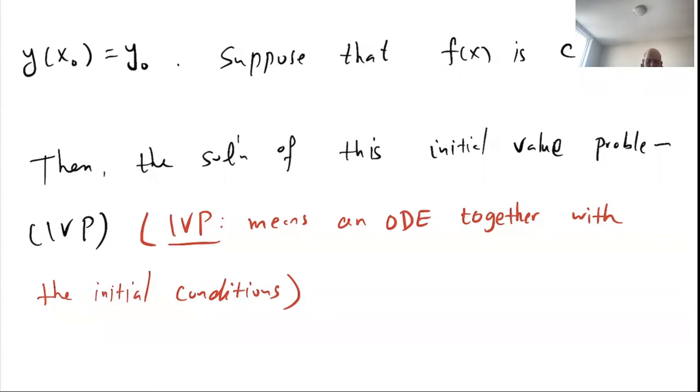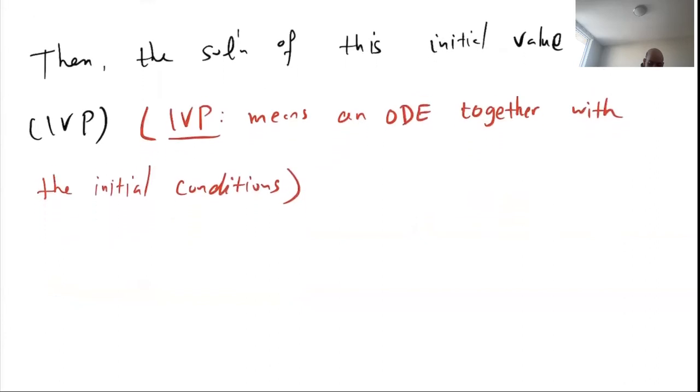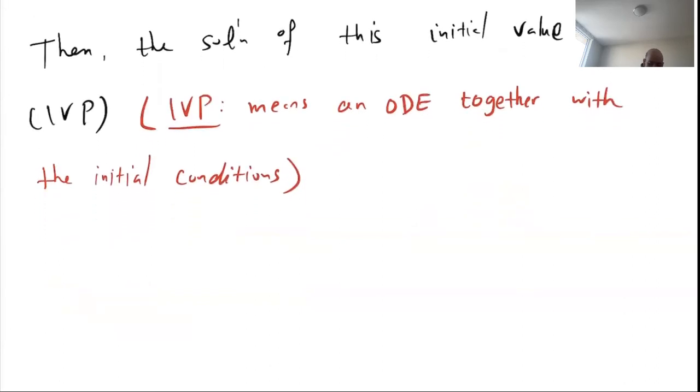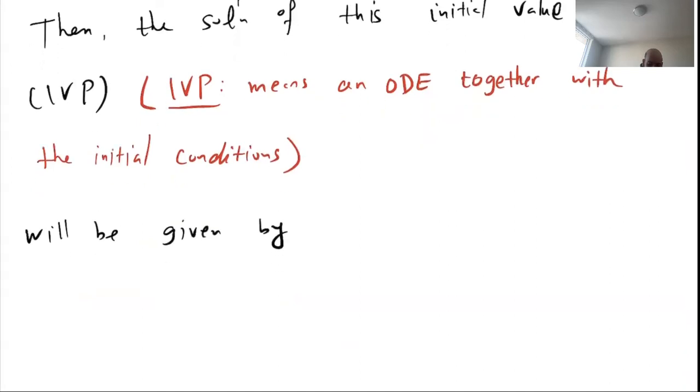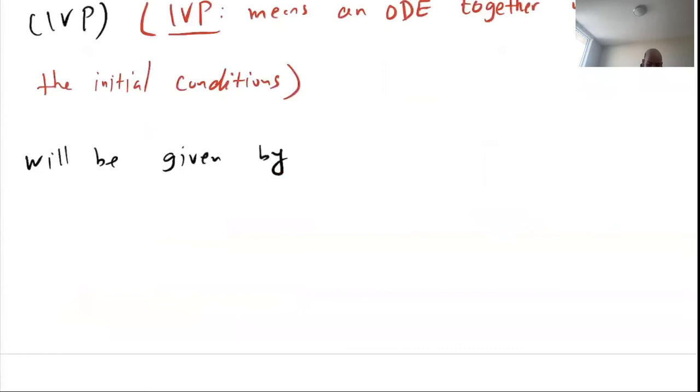So the solution of this initial value problem will be given by y equals the integral from x0 to x of f of t dt plus y0.